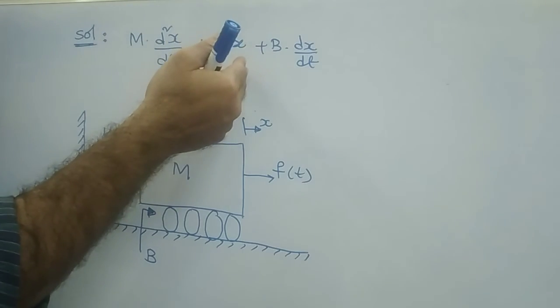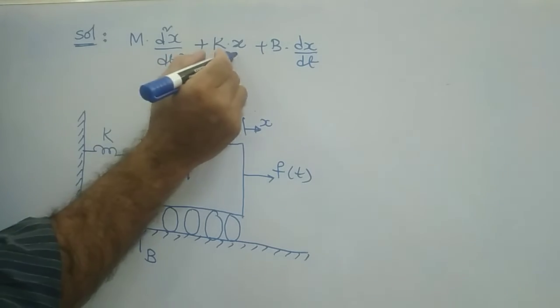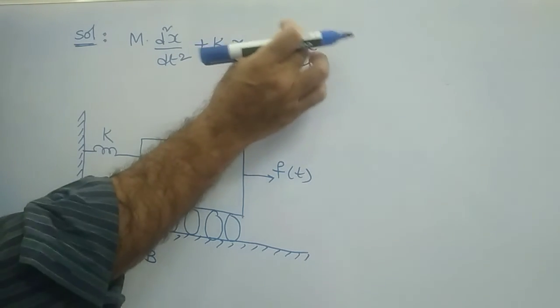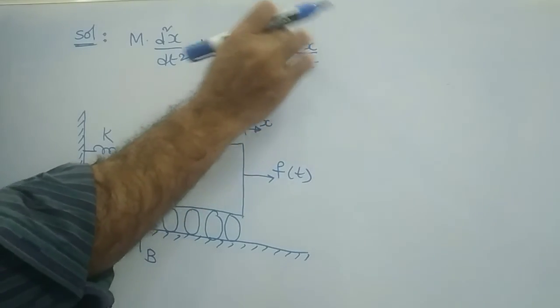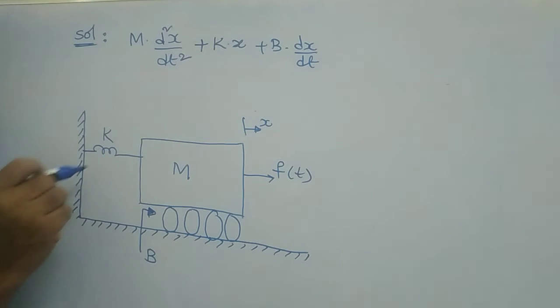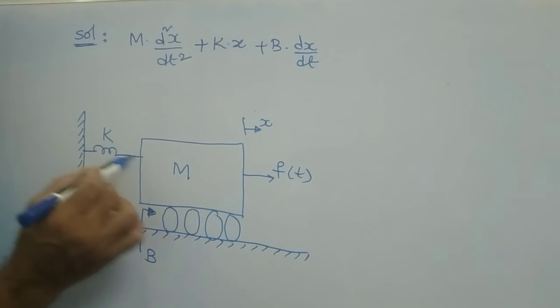All these are the opposing forces basically. This is the opposing force by the mass element. Kx is the opposing force by the spring element. B into dx by dt is the force offered by the damper. So three forces.